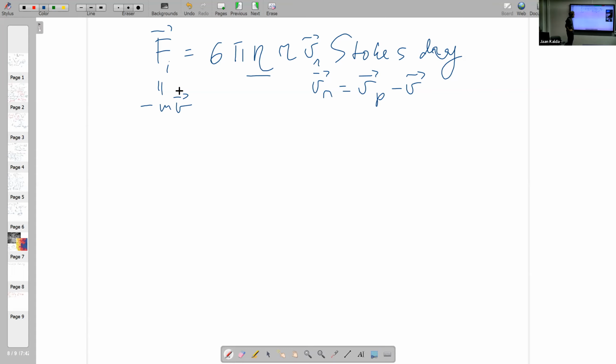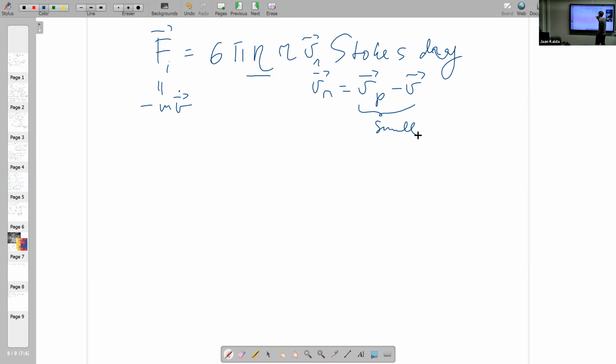And now we assume this here to be small. So we have a light particle which almost moves with the fluid, but slightly deviates because of this Stokes drag.